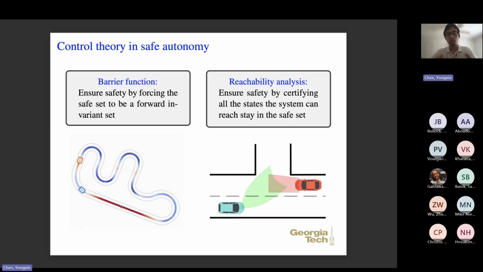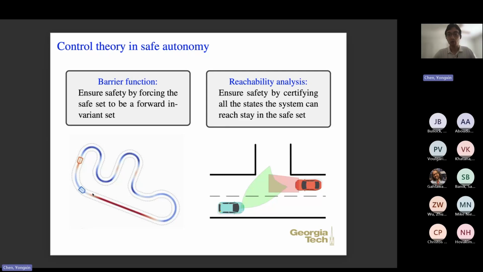That is what safe means. A barrier function ensures safety by making sure this safe set is forward invariant for your control dynamics. In that case, the system is going to stay in this safe set forever, so of course you are safe. That is basically how a barrier function works.